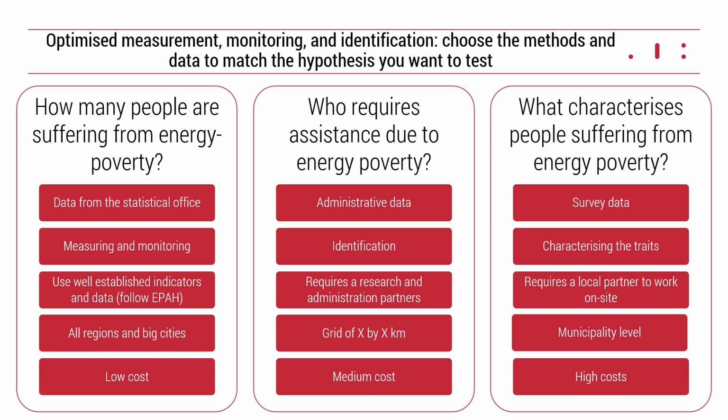And for example, if you have some additional research questions or some hypotheses that you want to test that cannot be answered with administrative data or the data from the statistical office, you can employ survey data. You can base your research on survey data. And again, I will give you a very concrete example of that.